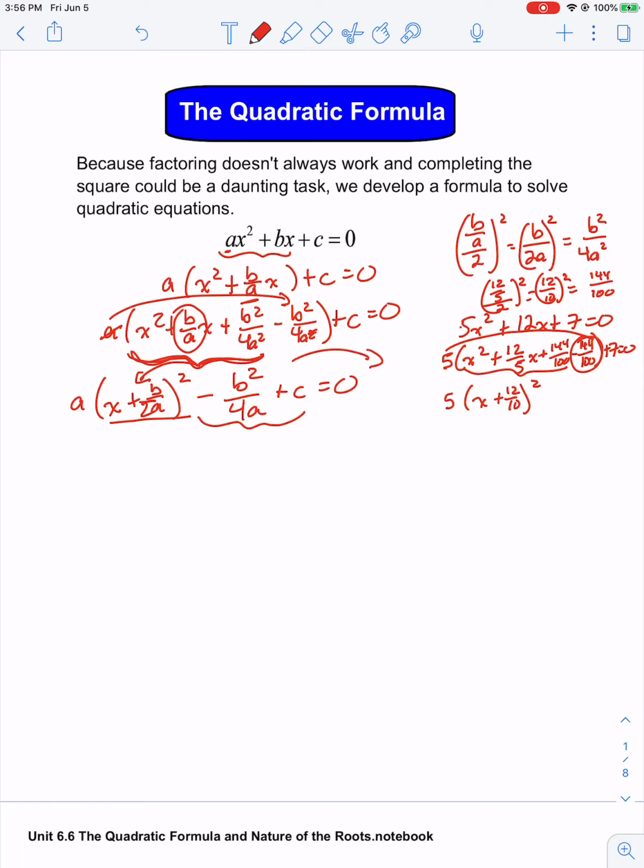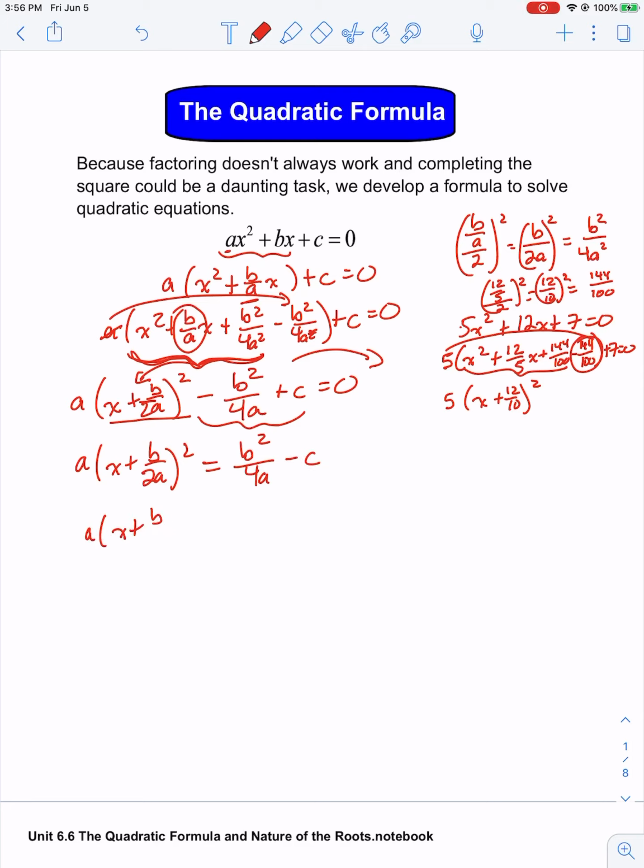So a times x plus b over 2a squared equals, that minus b squared over 4a is going to become a plus b squared over 4a, and that plus c is going to become a minus c.